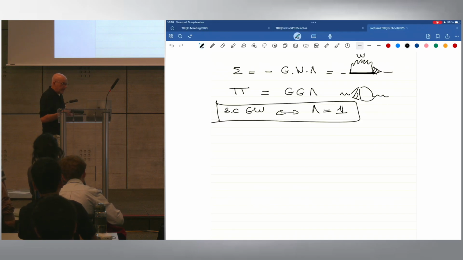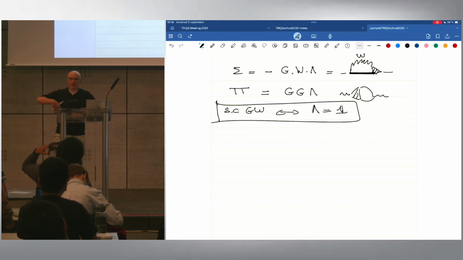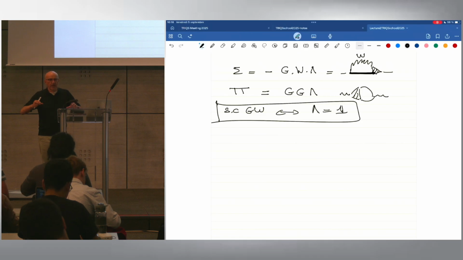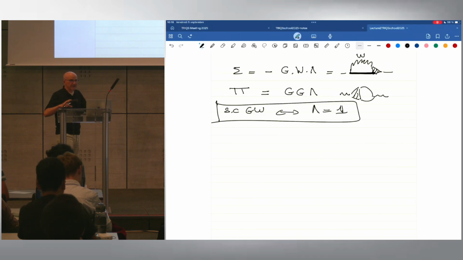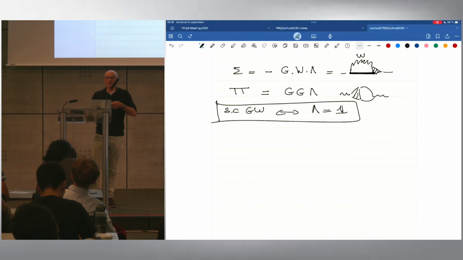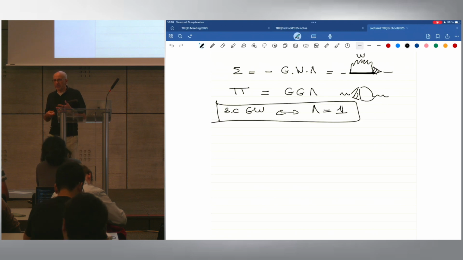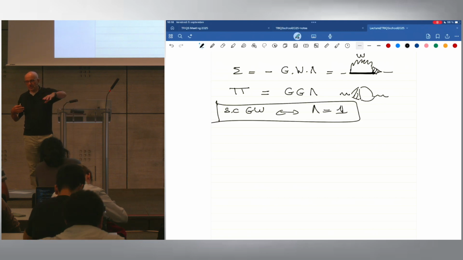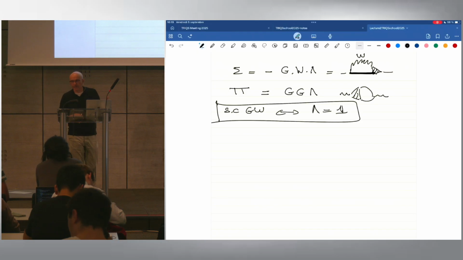The idea behind embedding approaches is that we're going to partition the Hilbert space between all the states of the system and a correlated subspace in which we believe that many-body effects are particularly important, many-body effects that come beyond the GW approximation. So we're going to do the GW approximation of setting lambda to 1 for the states that are far from the Fermi level and not so correlated.